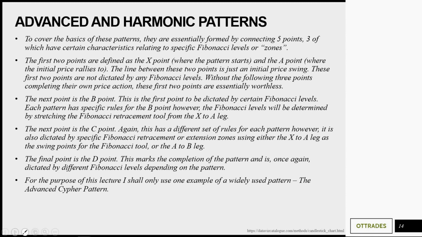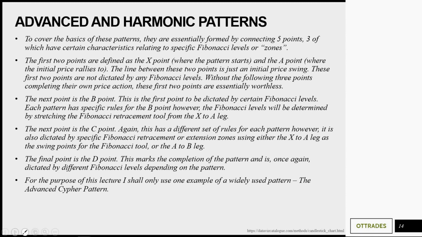Now this is the first point to be dictated by certain Fibonacci levels. Each pattern has specific rules for the B point. However, the fib levels will be determined by stretching the Fibonacci retracement tool from the X to the A leg. Now I'll go over an example of this soon, so don't worry about me blabbering on about this.